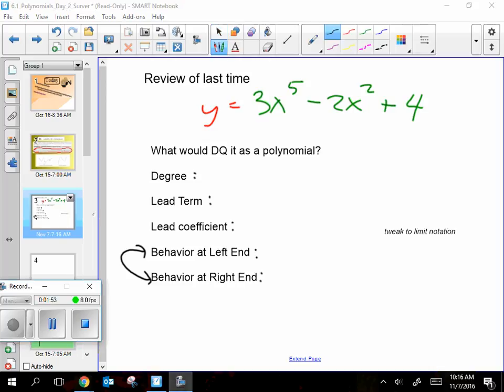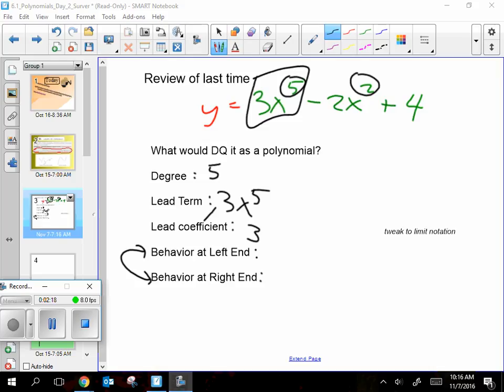So the degree is 5. Why? Please don't ever add those powers together. It's already been multiplied out, so you cannot add x to the 5th and x to the 2nd. They're unlike terms. The lead term is this one, 3x to the 5th, and then the lead coefficient is the 3. The behavior on the left and right end depend on this.